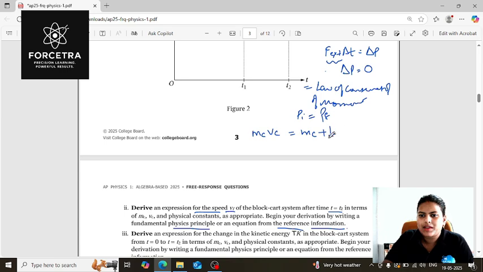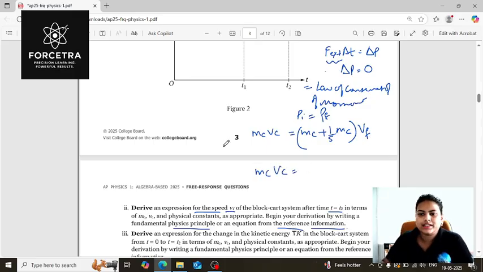The block mass is 1/5 mc, and the velocity it is moving with is Vf. When I solve it, mc Vc is equal to 6 mc/5 times Vf. So mc gets cancelled from both sides, and Vf is equal to 5 Vc/6.